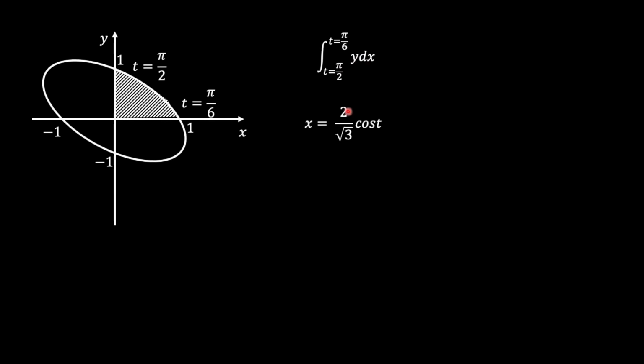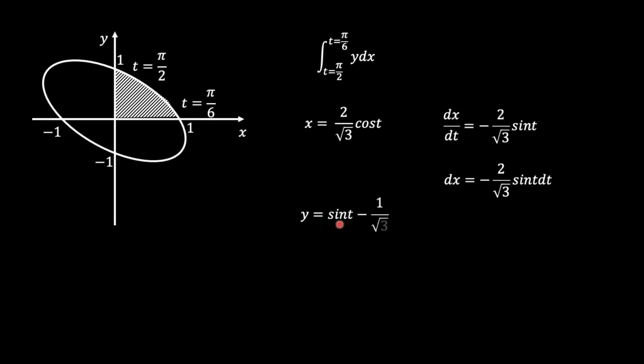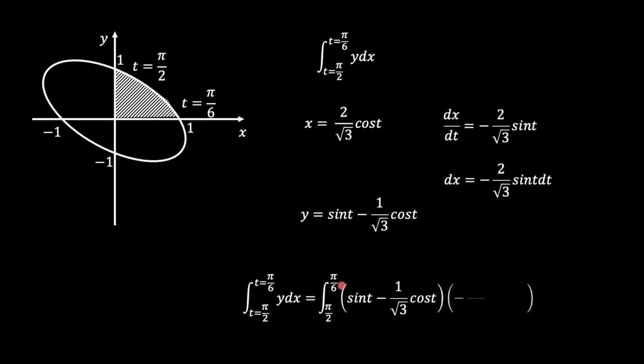And so if x equals 2 over root 3 cosine t, that means that dx/dt is equal to negative 2 over root 3 sine t. And then dx therefore is equal to negative 2 over root 3 sine t dt. And if y is equal to sine t minus 1 over root 3 cosine t, then our integral now in t is the integral from t equals pi over 2 to pi over 6 of sine t minus 1 over root 3 cosine t times negative 2 over root 3 sine t dt.